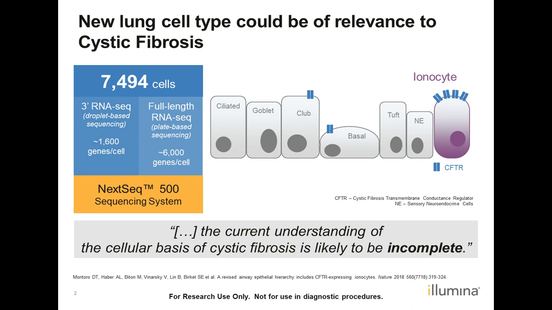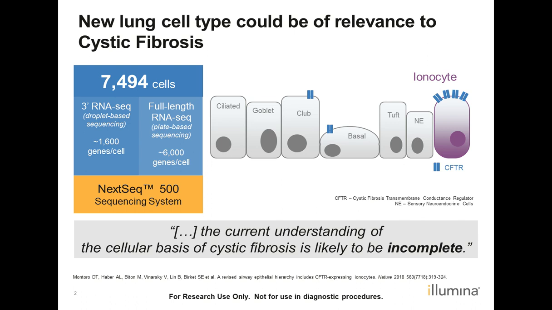And what these researchers did was to profile around 7,500 cells from the windpipe. The nice thing is that they did it both using the 10x approach and a FACS-based sorting full-length RNA approach as well. Afterwards, all the sequencing was carried out using the NextSeq 500 system.